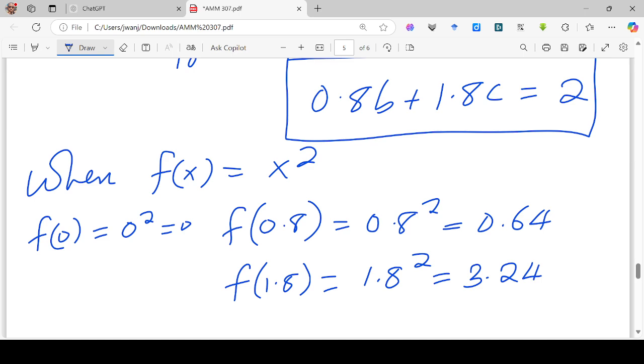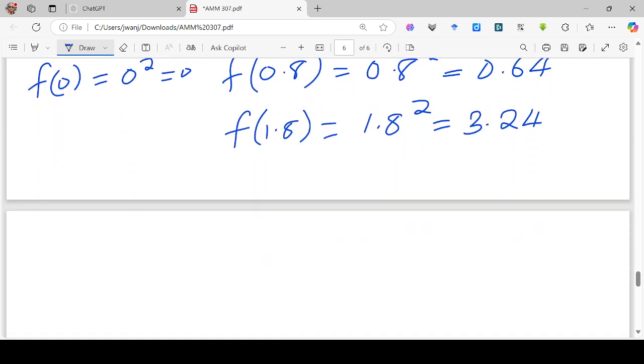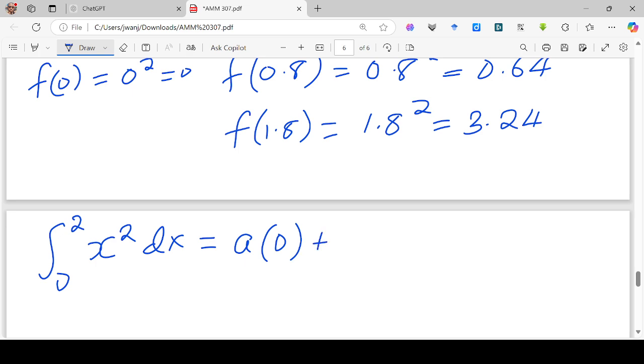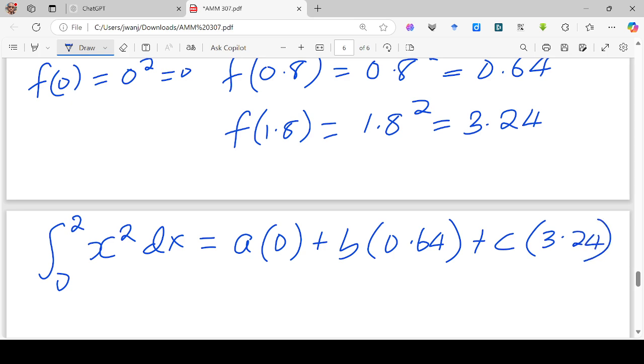Substituting, we get the integral from 0 to 2 of x squared, which is a times 0 plus b times 0.64 plus c times 3.24.